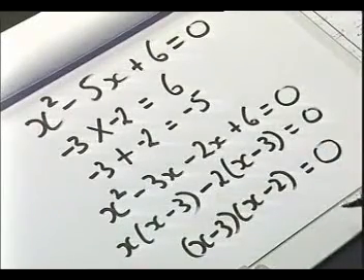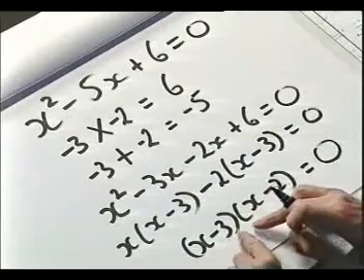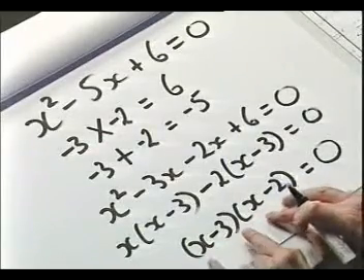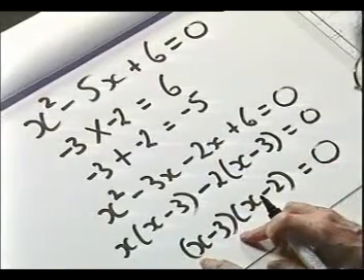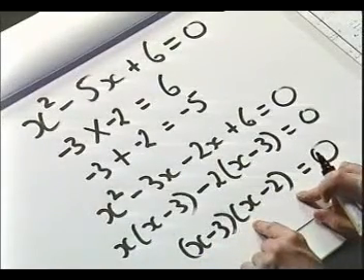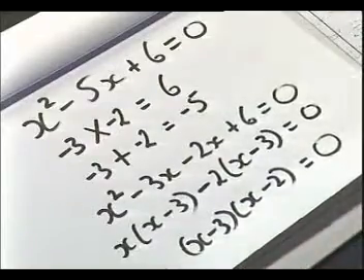equals 0. And so here I've arrived at two numbers multiplied together, and they give me 0. So one of them must be 0, or the other one must be 0, or perhaps they are both 0.